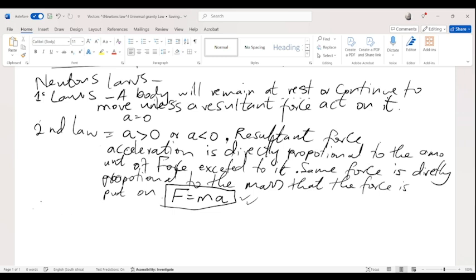Okay, Newton's third law. It talks about action and reaction.